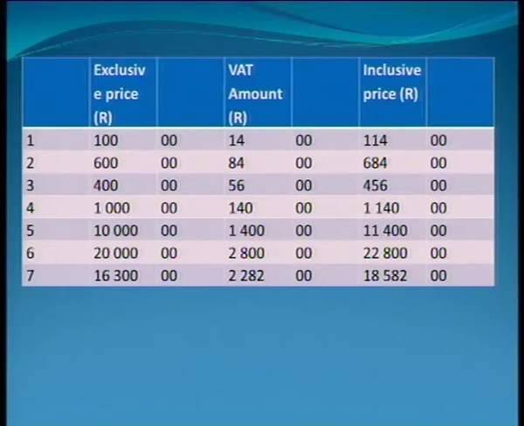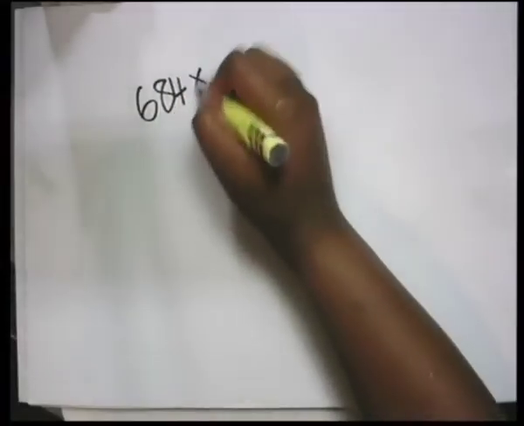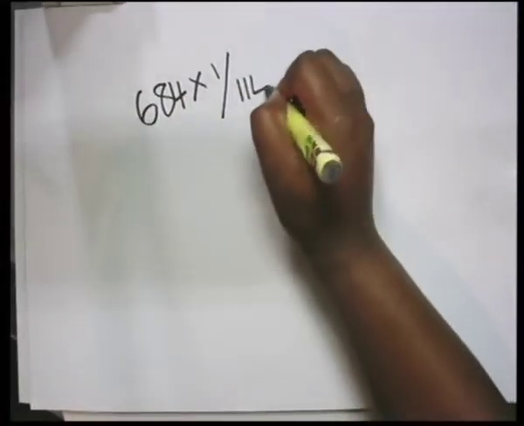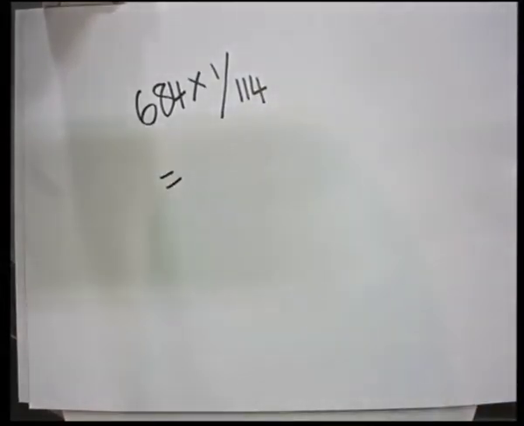So, meaning, if you take your calculator and you say 684 times 1 divided by 1.14, what is the total that you will get? 684 times 1 divided by 1.14.